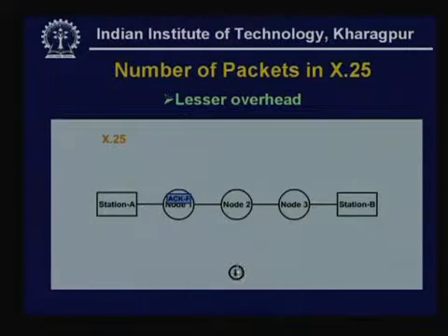Similarly, from node 2 to node 3 data goes and acknowledgement comes from node 3 to node 2 to perform flow control and error control, then from node 3 to station B data goes and acknowledgement comes. The story does not end there.